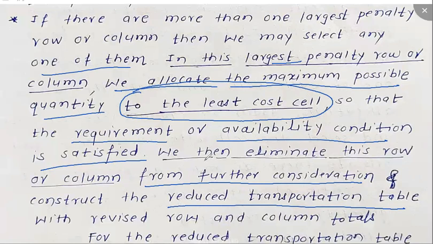It is called the reduced transportation table with revised row and column totals, because there is a change in the total supply available and total requirement. So with those changes, we write the revised table.